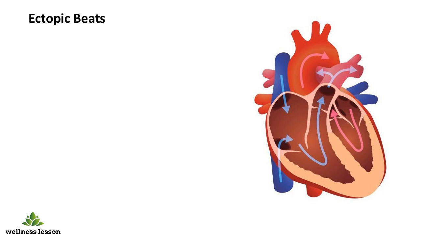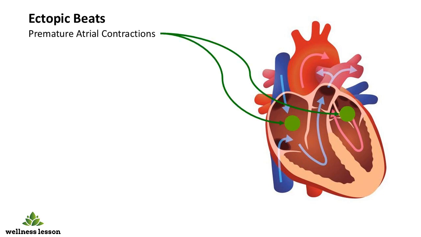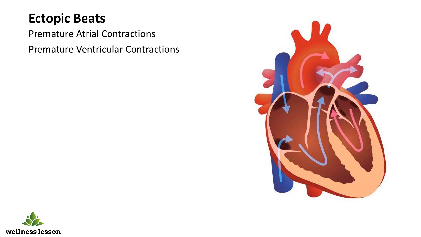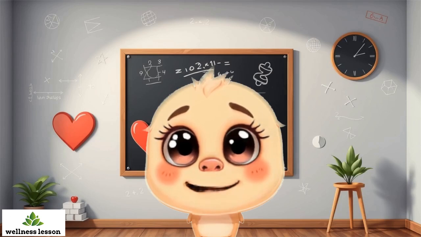They can be classified as premature atrial contractions, early beats originating in the atria, or premature ventricular contractions, early beats originating in the ventricles. Ectopic beats can cause sudden changes in RR intervals, leading to irregularities in HRV measurements.